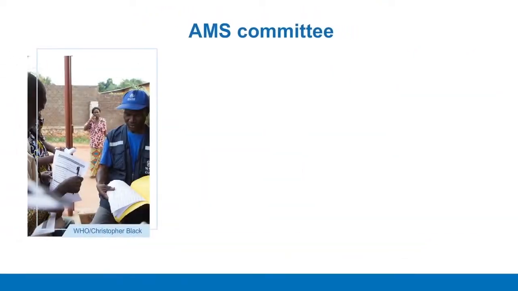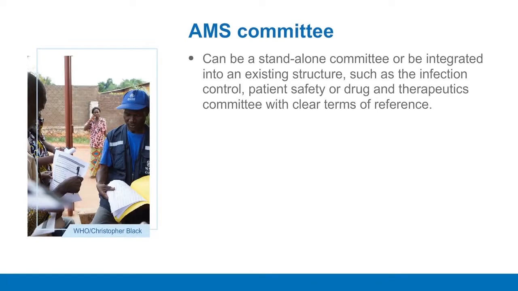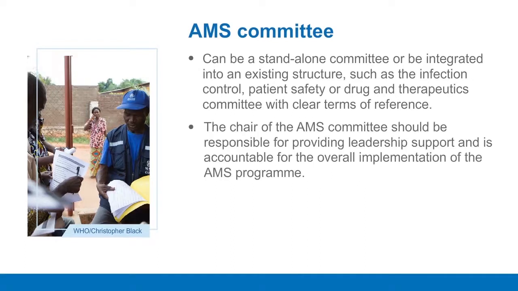The AMS committee can be a standalone committee or be integrated into an existing structure, such as the Infection Control, Patient Safety or Drug and Therapeutics Committee, with clear terms of reference. The chair of the AMS committee should be responsible for providing leadership support and is accountable for the overall implementation of the AMS programme.